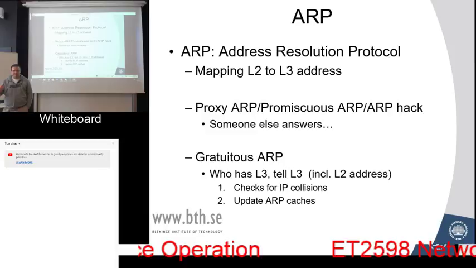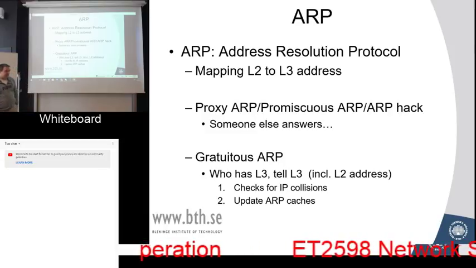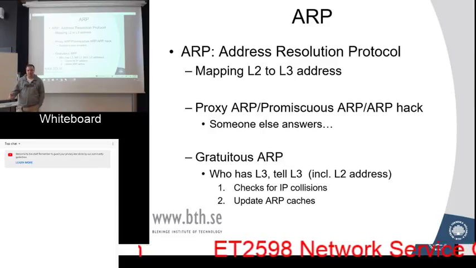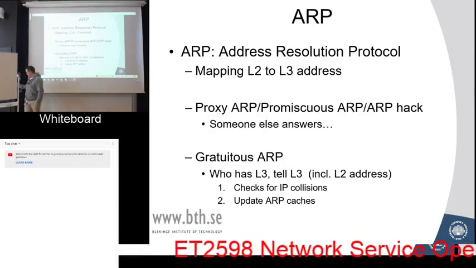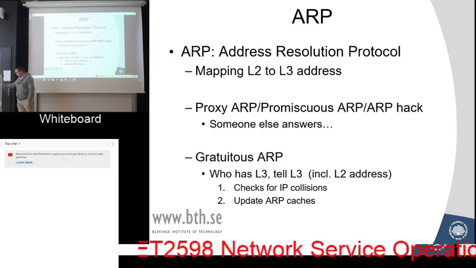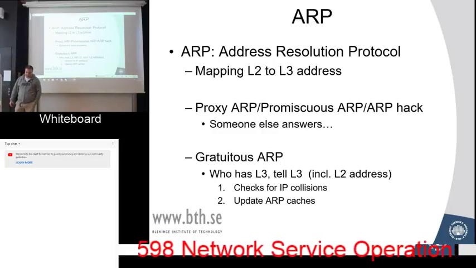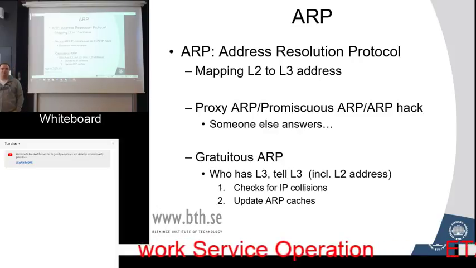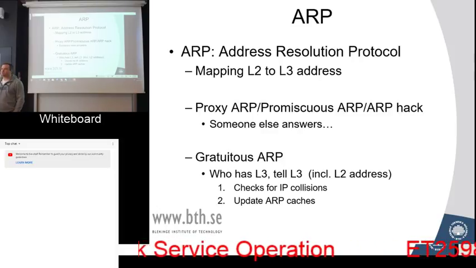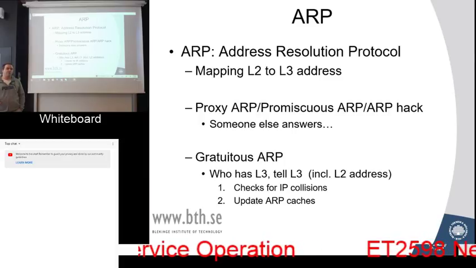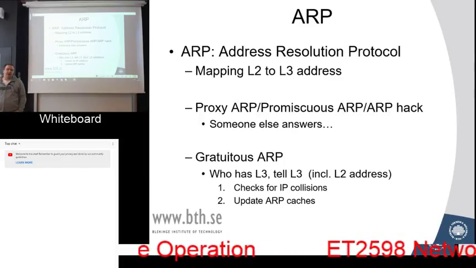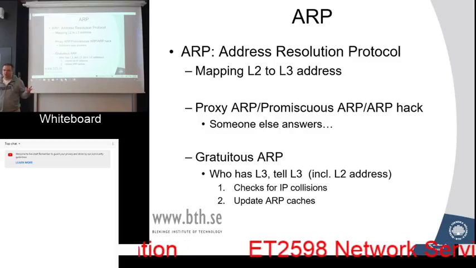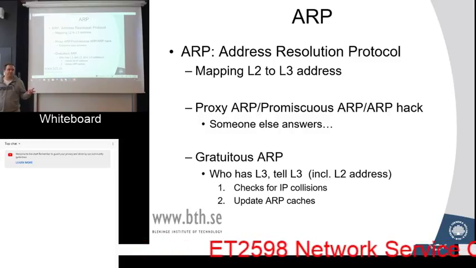Okay, so man in the middle is a security hack, or not a hack, a concept, but you usually hear it in a security context. A man in the middle is when your traffic or communication is relayed through a third party and the communicating entities are not aware of this entity in between.